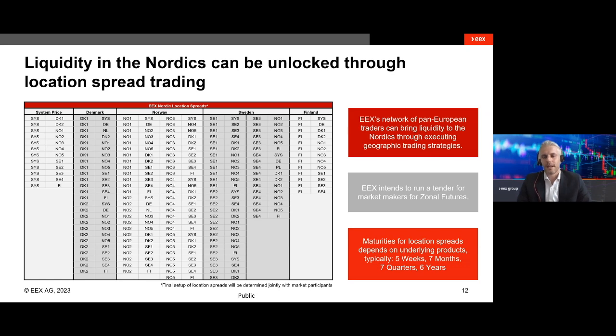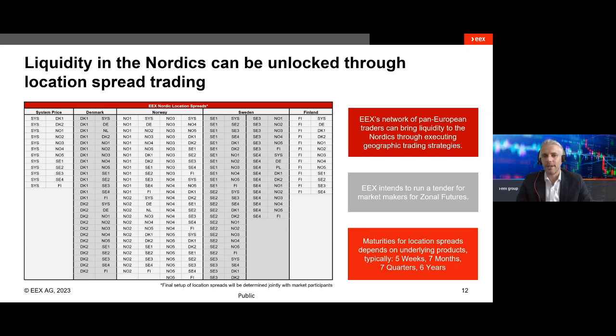Thank you, Tim. And indeed, let me connect to the topic of spread trading functionality that I've mentioned earlier. So while we will launch 12 different bidding zones here on the platform, we will build upon a functionality that exists in all our other European power markets and has proven to attract liquidity and to bridge liquidity between different markets.